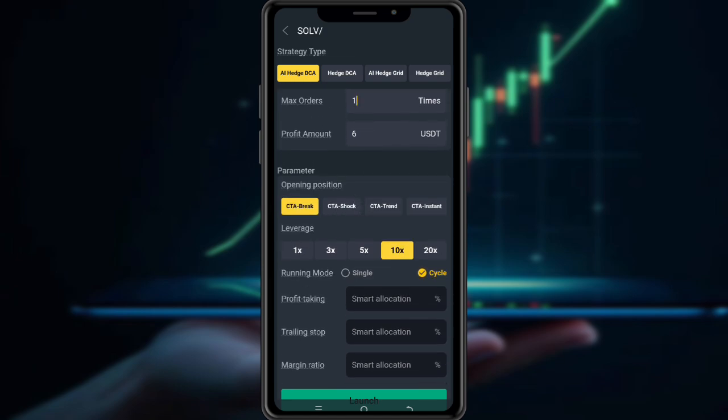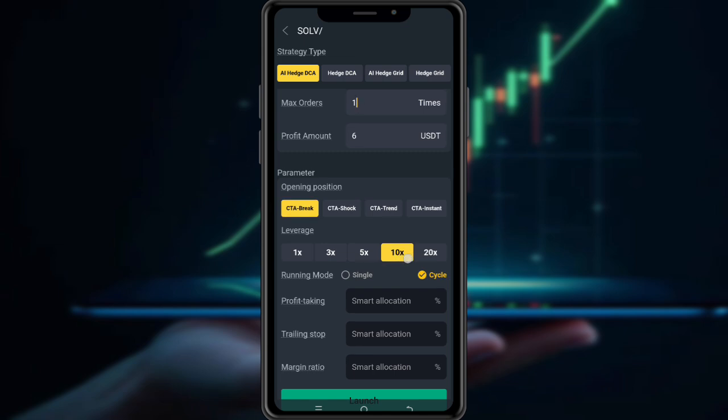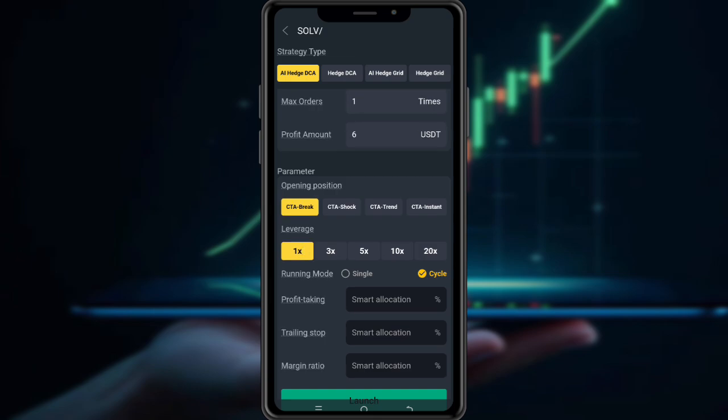Then down here in leverage, if you have small money, you can put it in 10x or 20x. Now this one means if you have $10, it is going to multiply $10 times 10, meaning you're going to trade with $100. But if you have good money like $100, just put it in 5x, 3x, or even 1x. Now, if you have $100, you can put it at 1x.